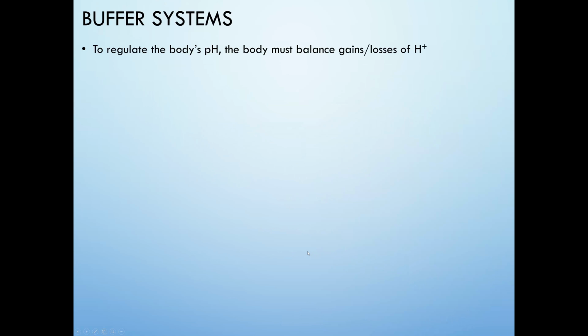So to regulate the body's pH, the body has to balance its gains and losses of hydrogen ions. But the places where hydrogen ions are eliminated, which is mainly going to be the lungs and the kidney, are far removed from the sites of production. They can be produced in cells throughout the body.